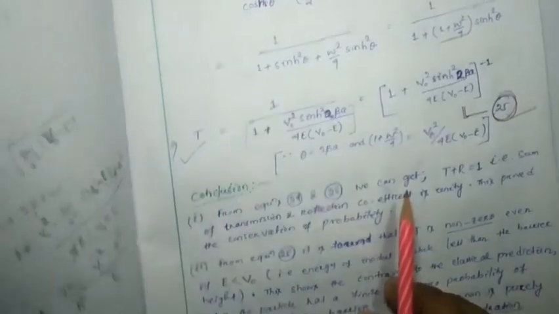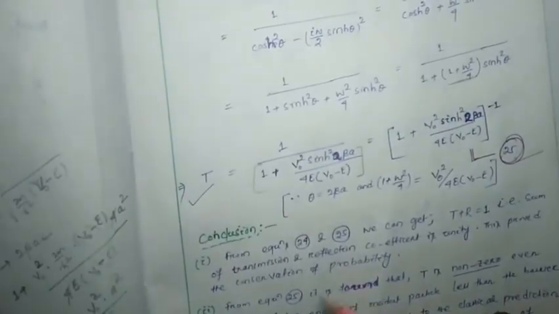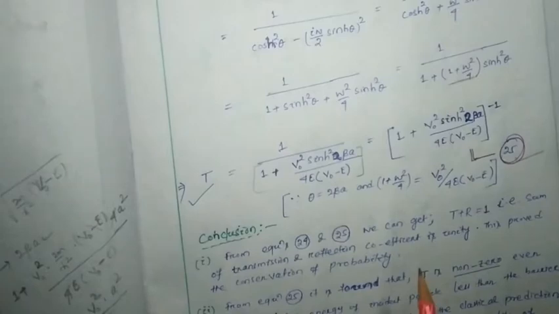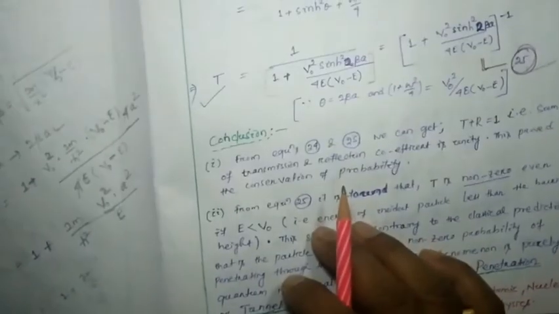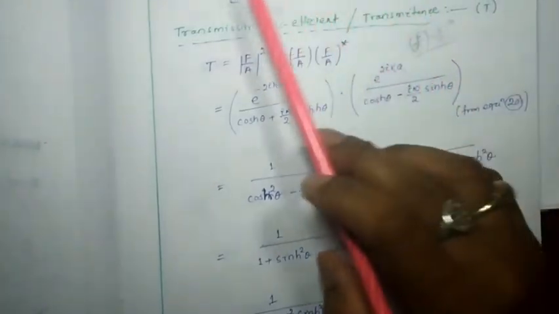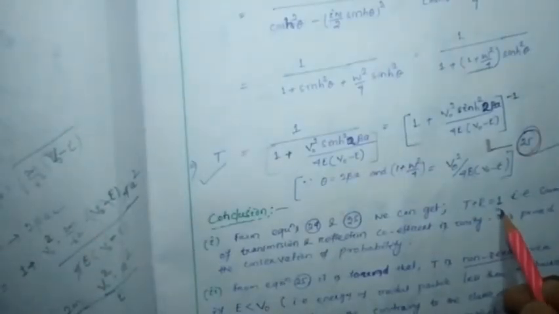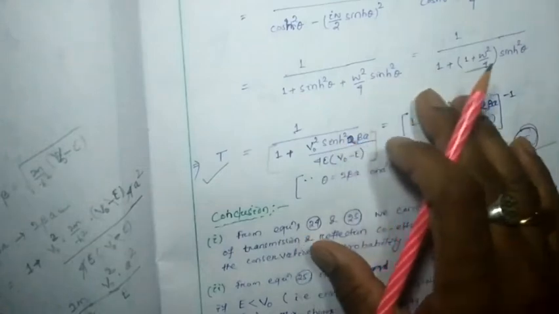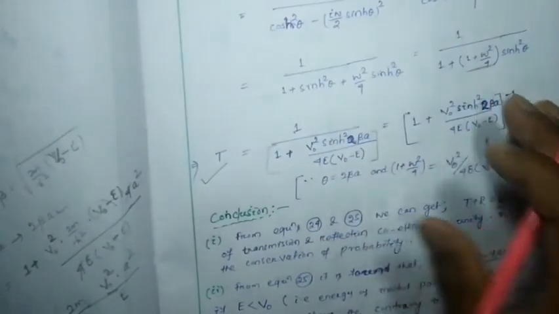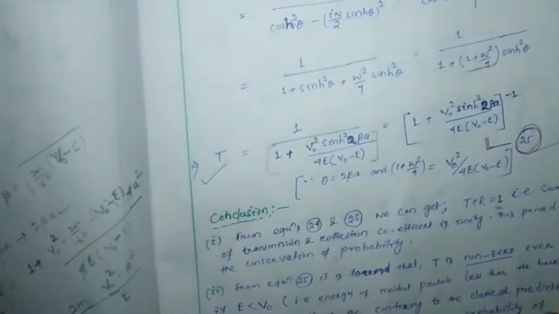So in conclusion, we have written something, which we are going to study. I am reading, you just watch it. If we add R and T, the reflection coefficient and transmission coefficient, it will be 1. That means the transmission coefficient is not 0.